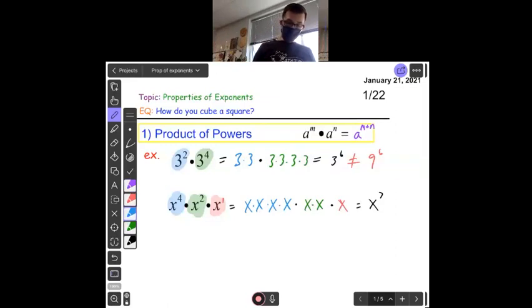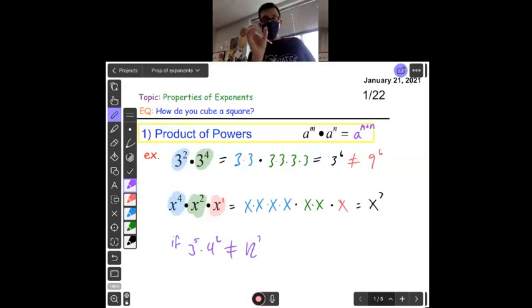What doesn't happen here, notice that part of the reason this happens is because those were both 3's to the something. Those were all x's to the something. If we mix numbers or something like that, if it was like 3 to the 5th times 4 to the 2nd or something like that, that does not equal like 12 to the 7th or something like that.